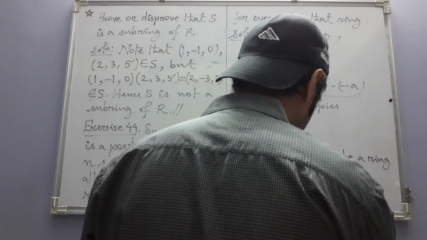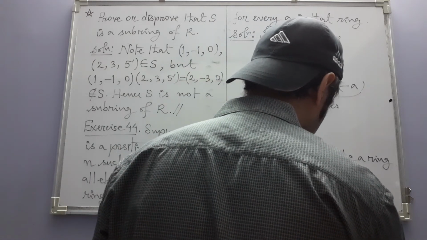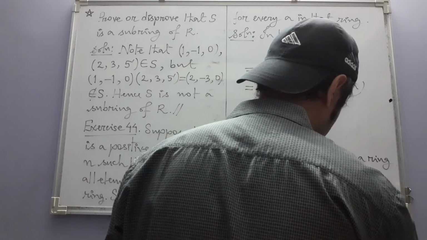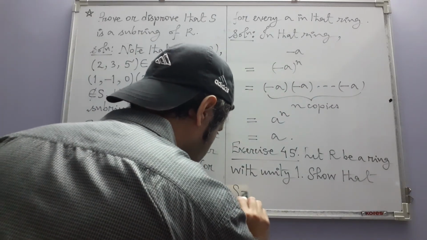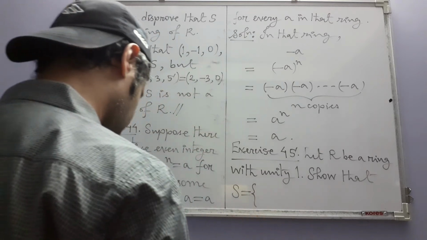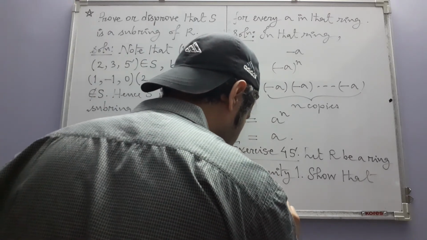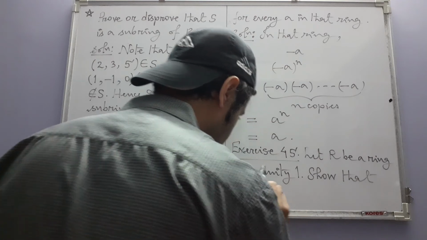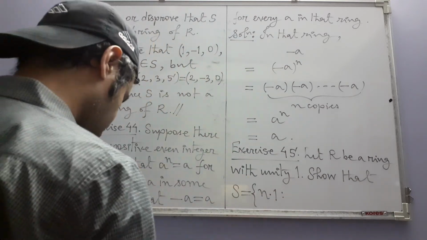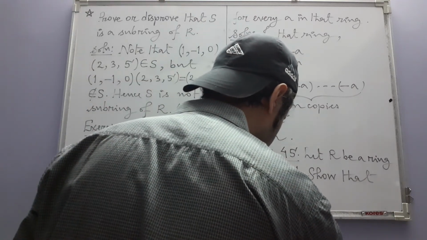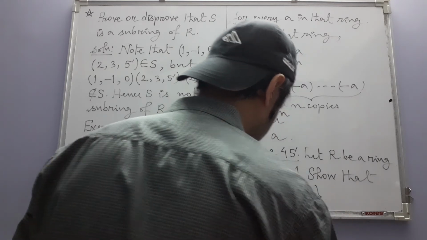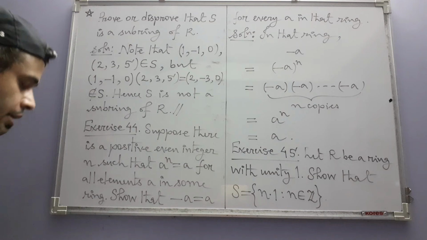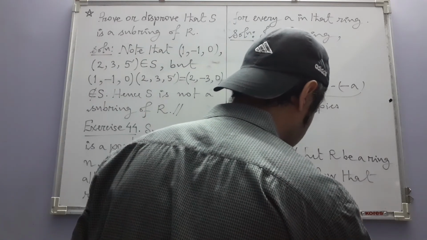Show that the set S consisting of elements which look like this is a subring of R.